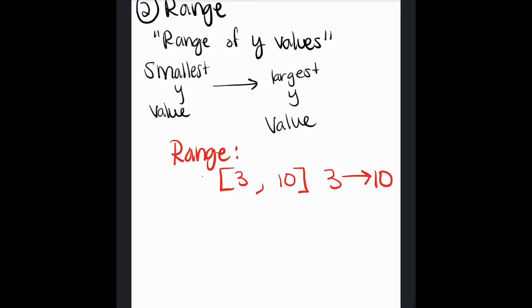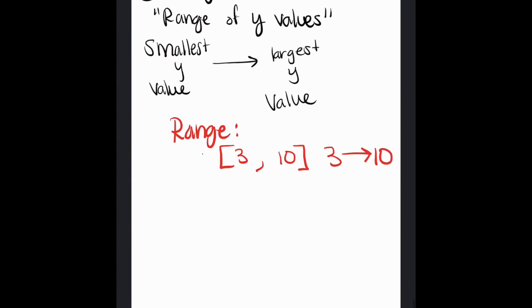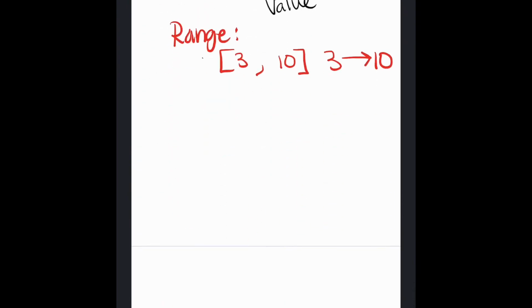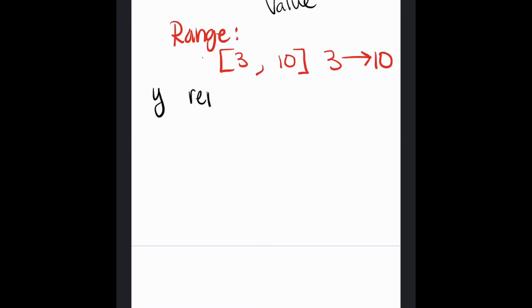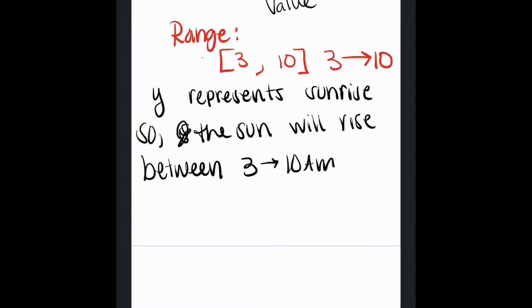And how it makes sense in the context of the problem is you want to think, what does y represent? Y represented the sunrise time. So the sun will rise between 3 and 10 a.m., and this is throughout the year.